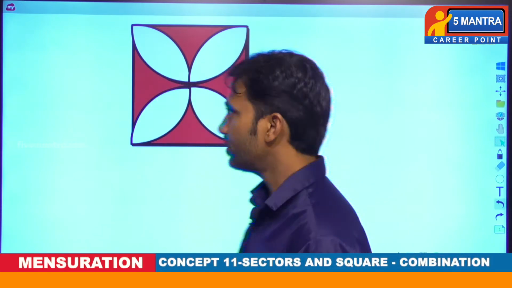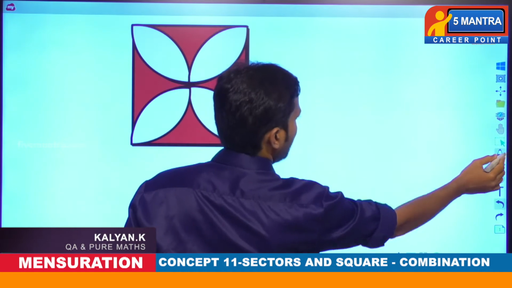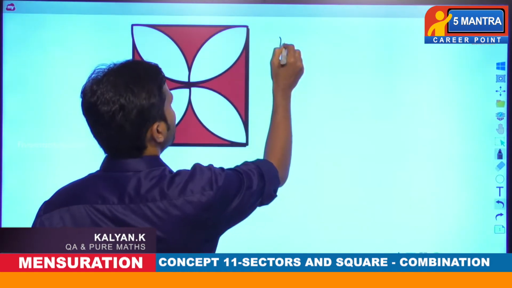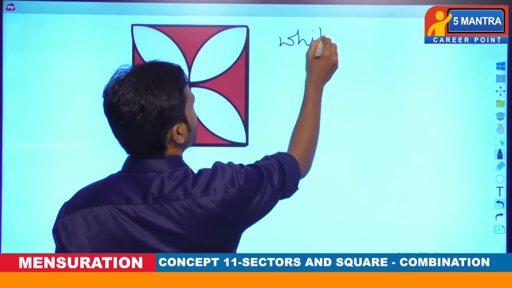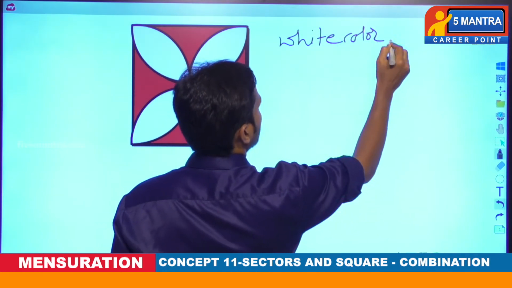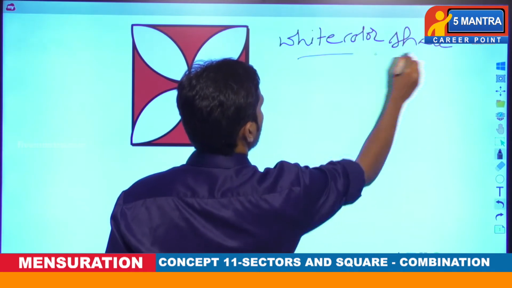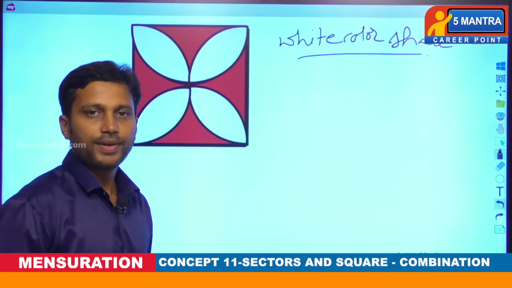What we need to find? First let me specify that. We need to find the white colored shade. White color shade is our target to find.